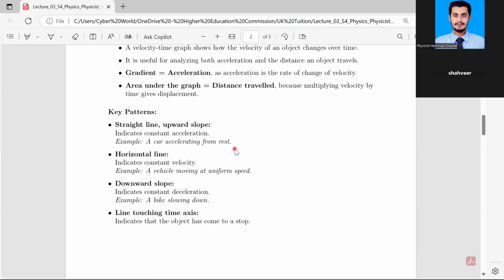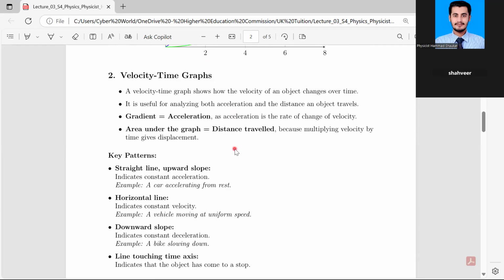Now the key parameters which we discussed for distance time, we will see the same for velocity time. If the line is straight with an upward slope, you can say the body has constant acceleration. Like before, constant speed, in this scenario it is constant acceleration if your line is straight and upward sloping.